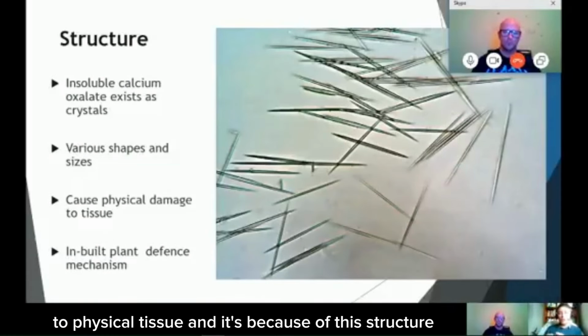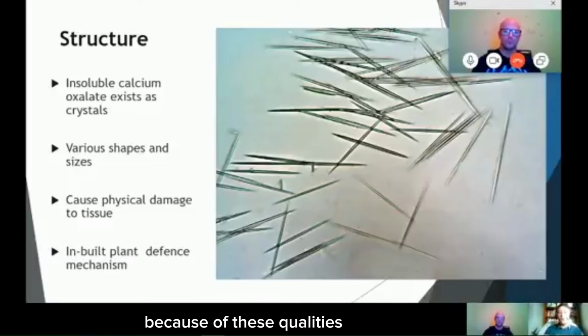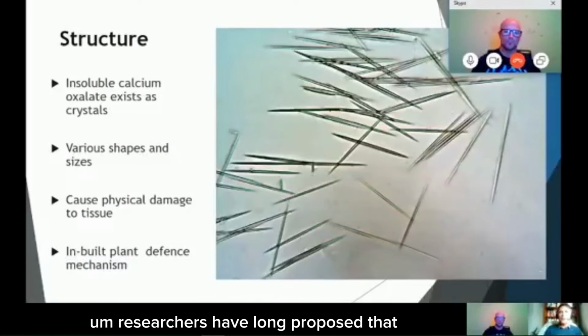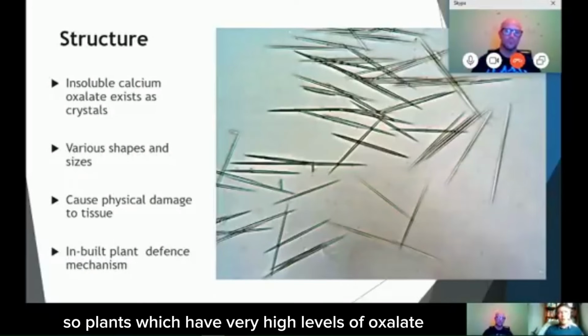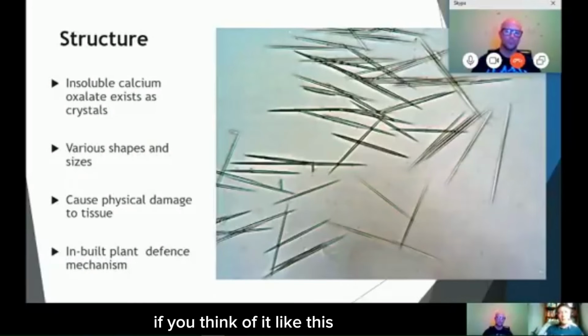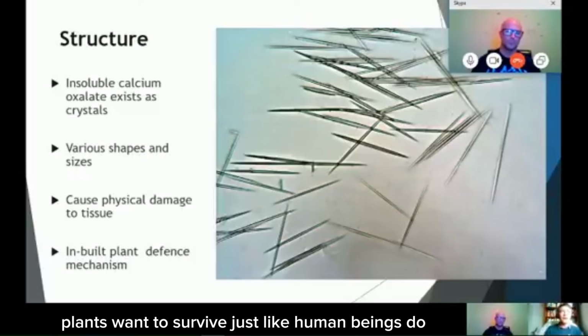And because of this structure, because of these qualities, researchers have long proposed that oxalate is an inbuilt defense mechanism by plants. So plants which have very high levels of oxalate, if you think of it like this, plants want to survive just like human beings do.